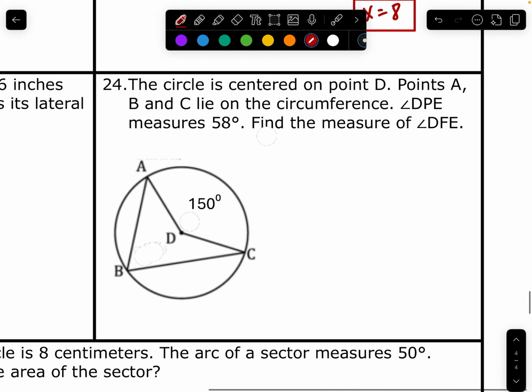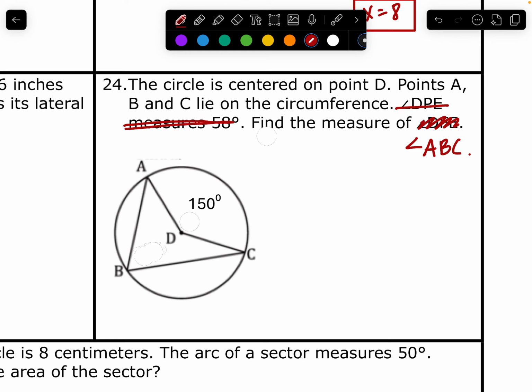Number 24. A circle with center on point D, points A, B, and C lie on the circumference. Ignore this statement. Find the measure of angle ABC. So an inscribed angle is going to equal half the central angle that it matches up with.